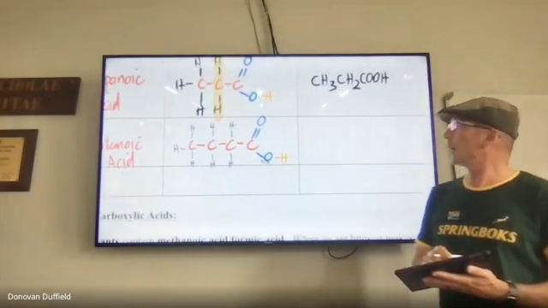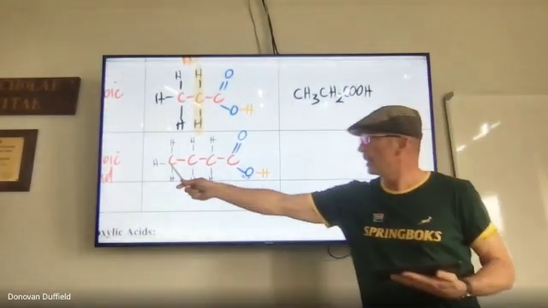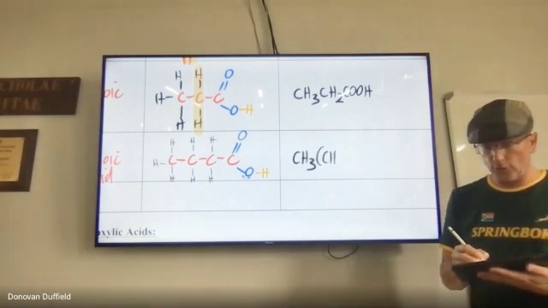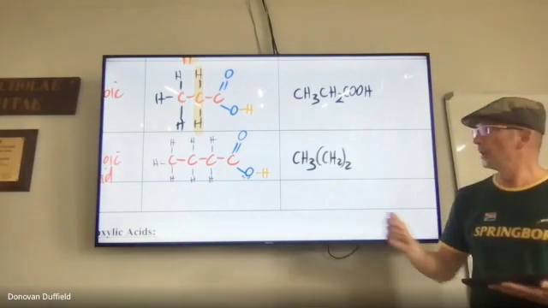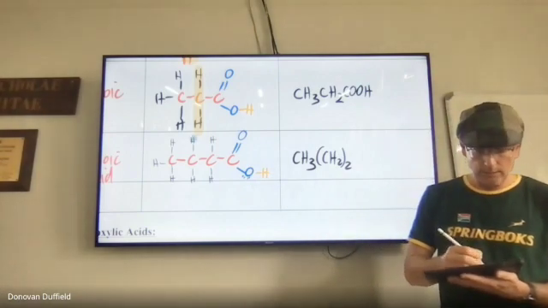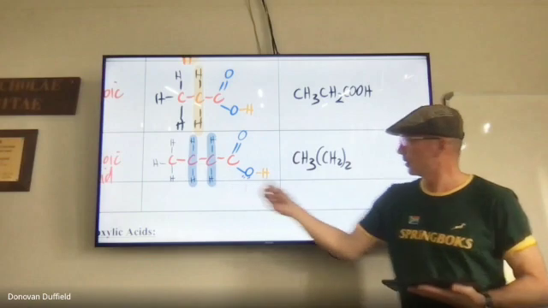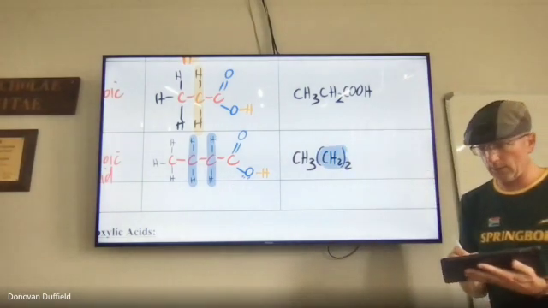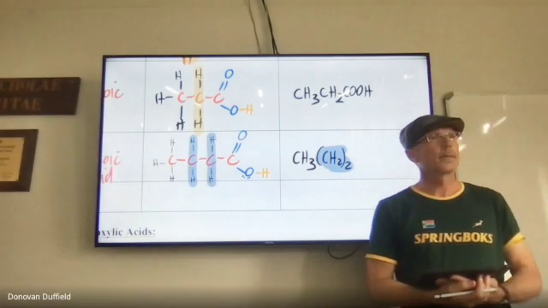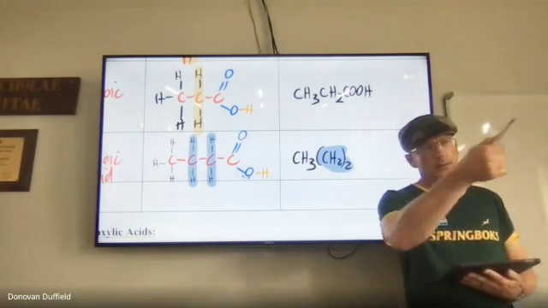Now, when it comes to the condensed structural formula, CH3, CH2, CH2, because there are two CH2s in that compound. I forgot to mention this, but if you write CH2, CH2 as an absolute shortest form, it's still fine.